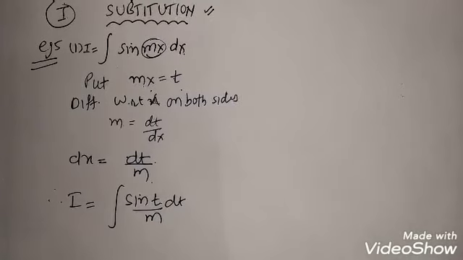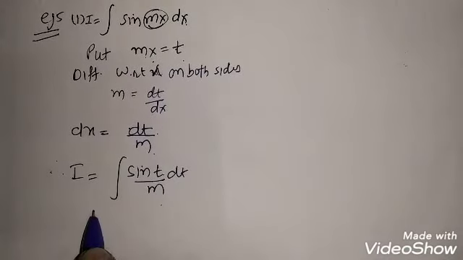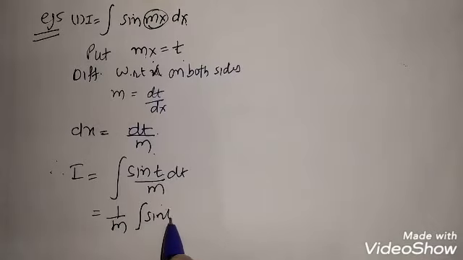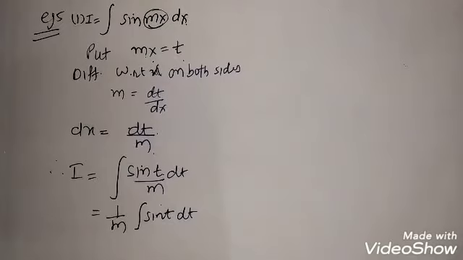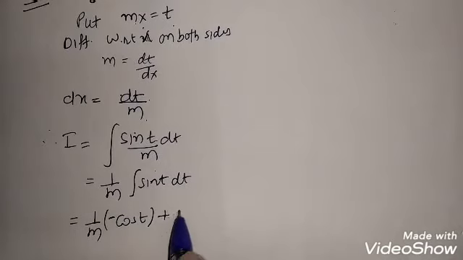Then what you have to put is, see, 1 upon m, you can take it outside as it is a constant. This is 1 upon m integration of sine t dt. You know the integration of sine t. The integration of sine t is negative cos t, so we get 1 upon m times negative cos t plus c.